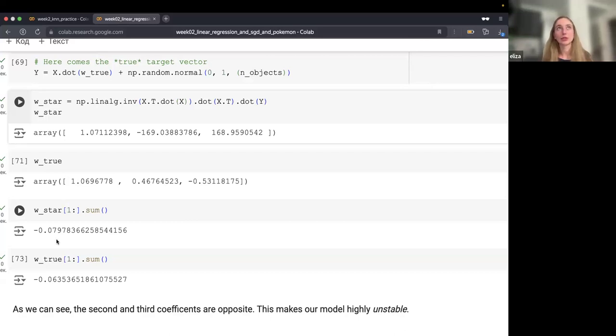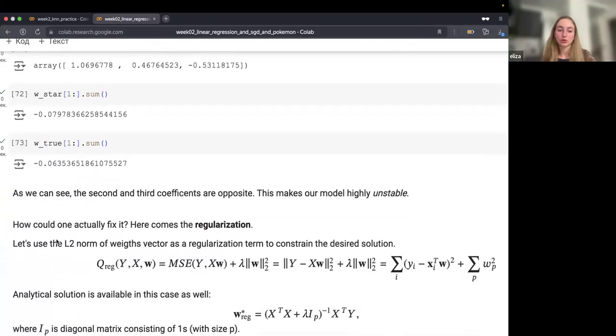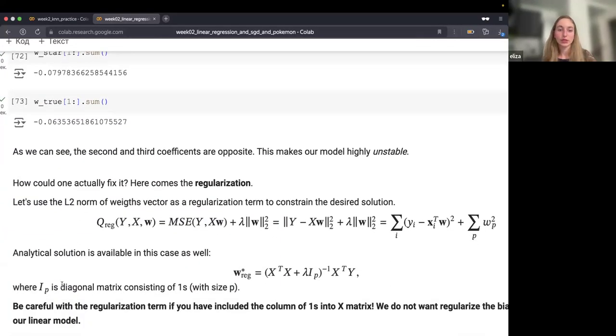The model can't understand the proportion between the second and third weights, the features, and doesn't understand which features are more important for this task. And we want to fix it with regularization.